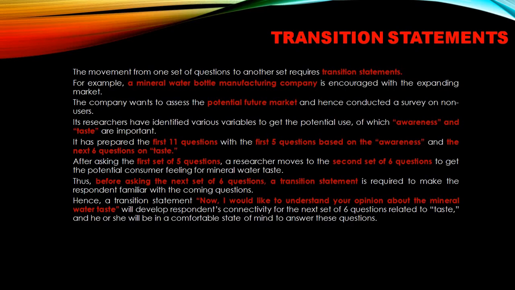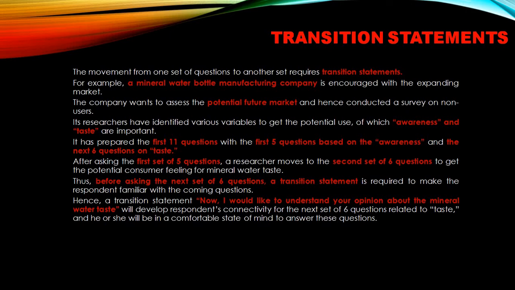Then transition statements. Say a mineral water bottle manufacturing company is encouraged with an expanding market. The company wants to access the potential future market and hence conducted a survey on non-users.